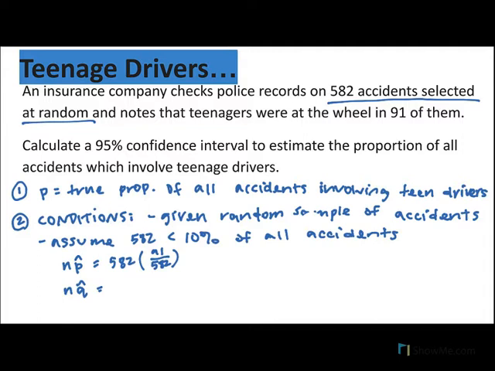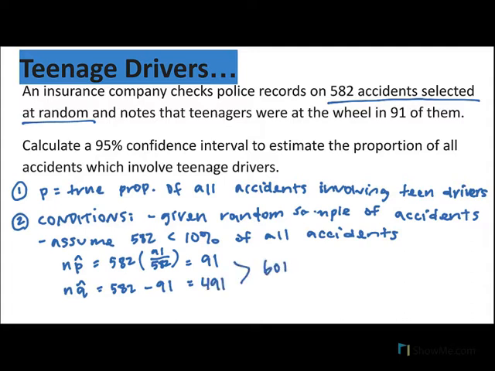That's the proportion that teenagers were at the wheel. So when I think about just basic math, 582 times 91 out of 582 is just going to end up being 91. So that is why we sometimes call this the success-failure condition, because we're basically measuring does the number of successes, in this case, our success is defined as an accident with a teen driver, since that's what we're measuring, and then the number of failures, which would basically be the rest of the accidents that did not involve teen drivers, which, if we do a quick subtraction, is 491, right?